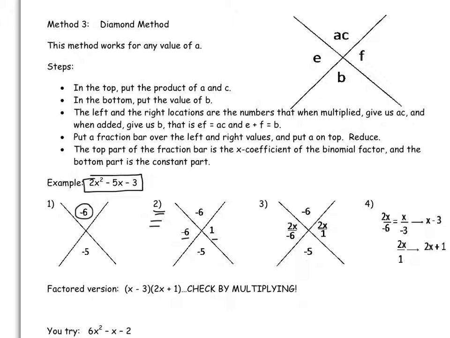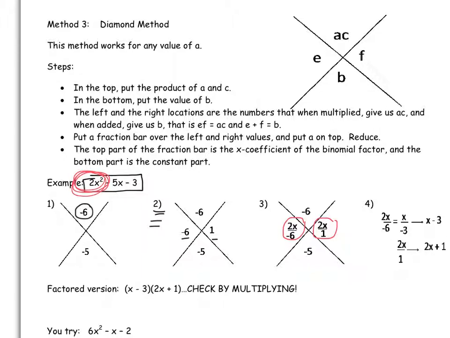Now, you take the two numbers in the columns we just filled in step 2, and we write fractions with those with the leading coefficient 2x. Right here, we get that 2x from this, whatever that coefficient is.